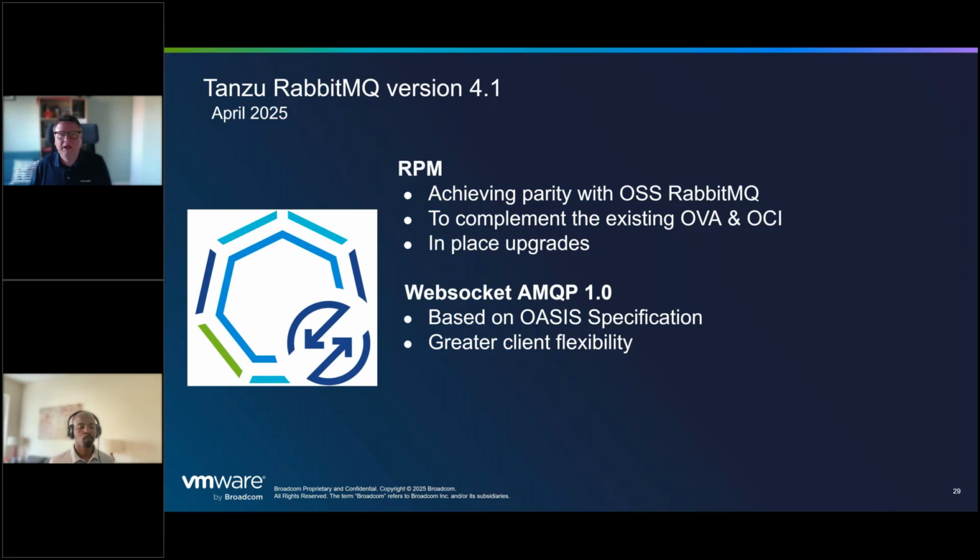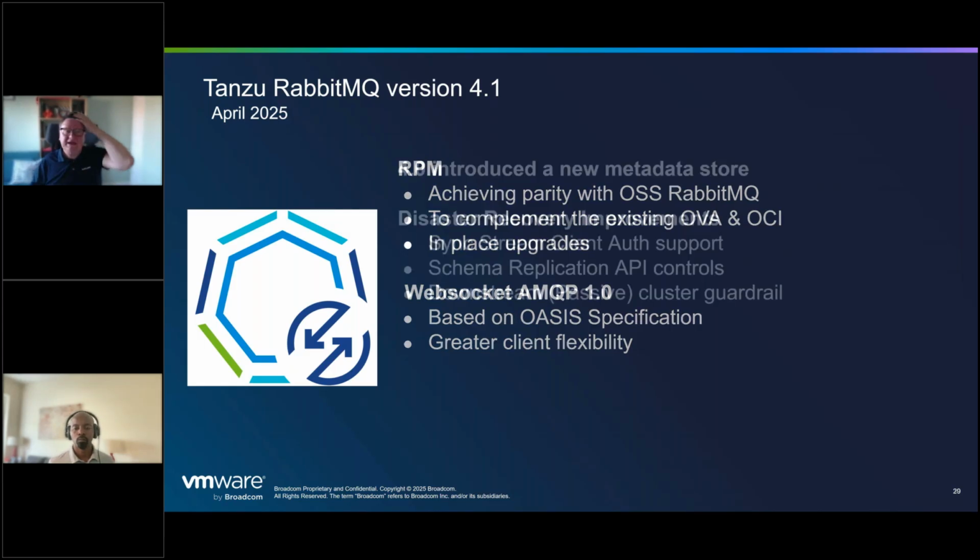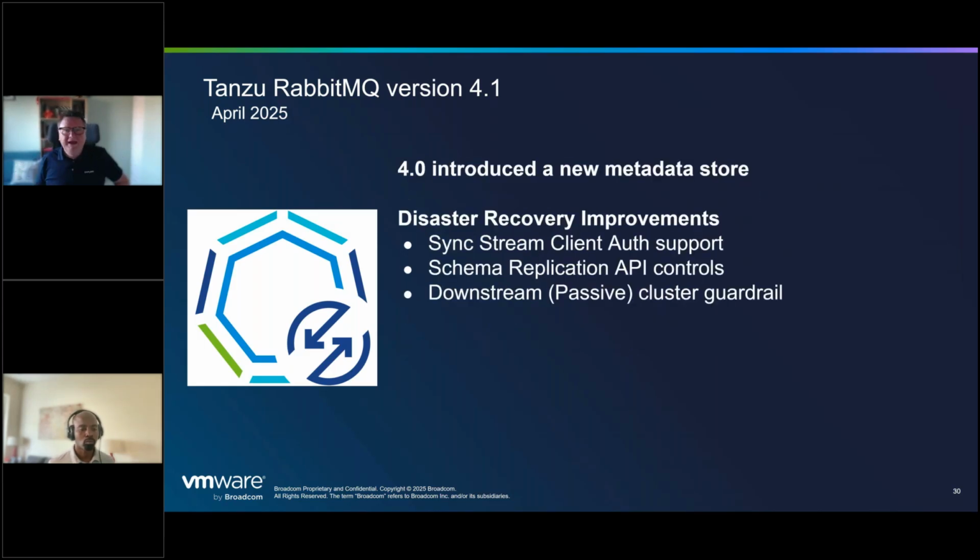And as we head into the final straight, Greg, I just wanted to highlight Khepri, which was the new metadata store that we released last year in 4.0. It's proving to be very, very successful in solving some of our users' problems.